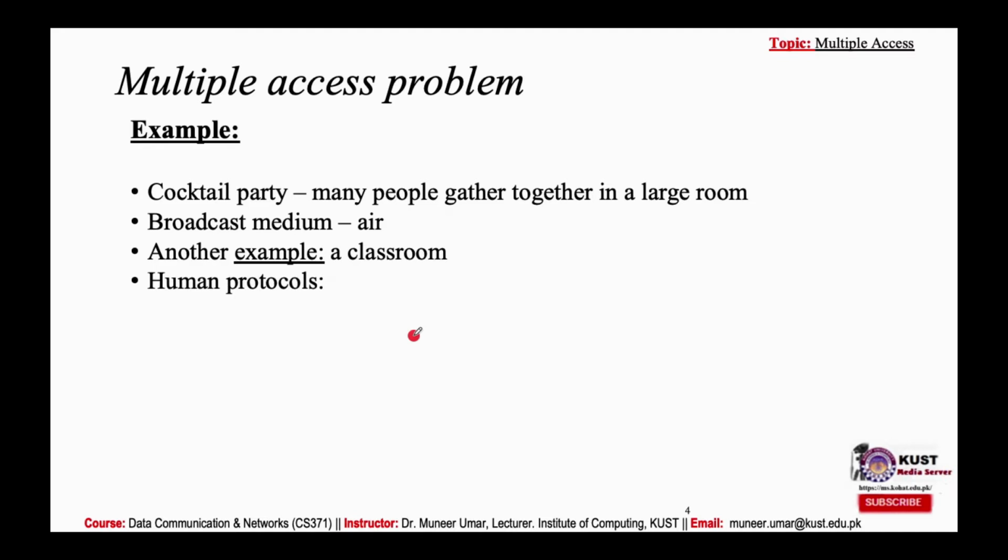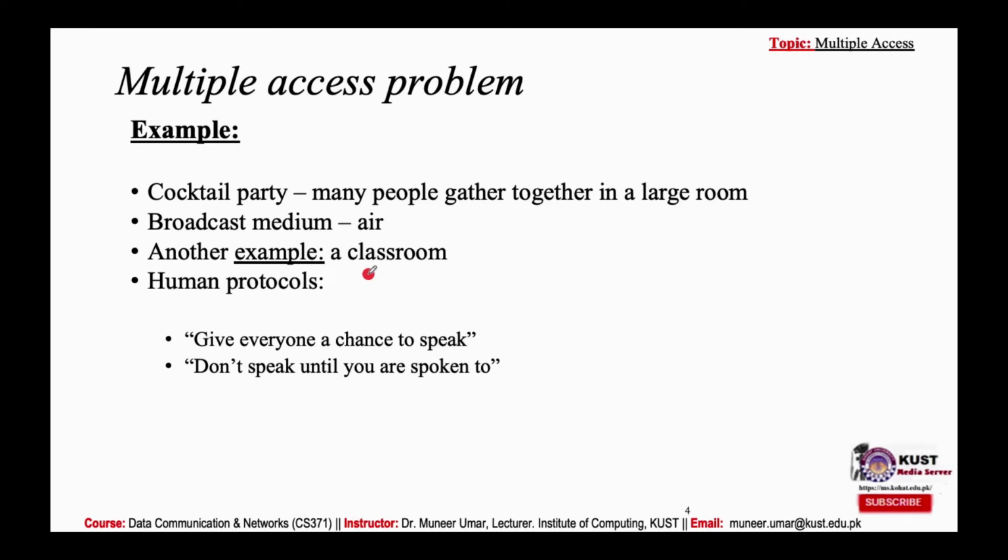So there must be some sort of protocols for communication in such type of activities like party or classroom. So the first rule is: give everyone a chance to speak.